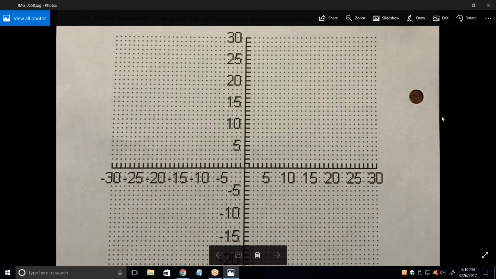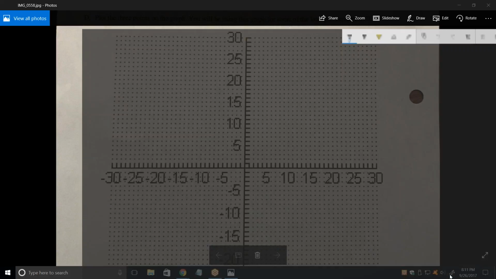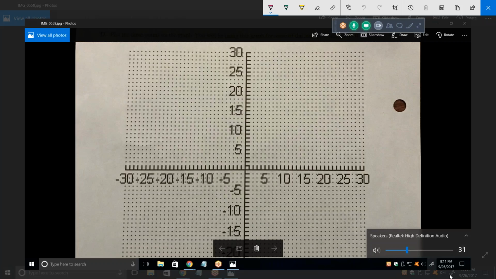I hate this when they make the numbers so big that you can't tell where it is. I'm counting right now. So where is 5?